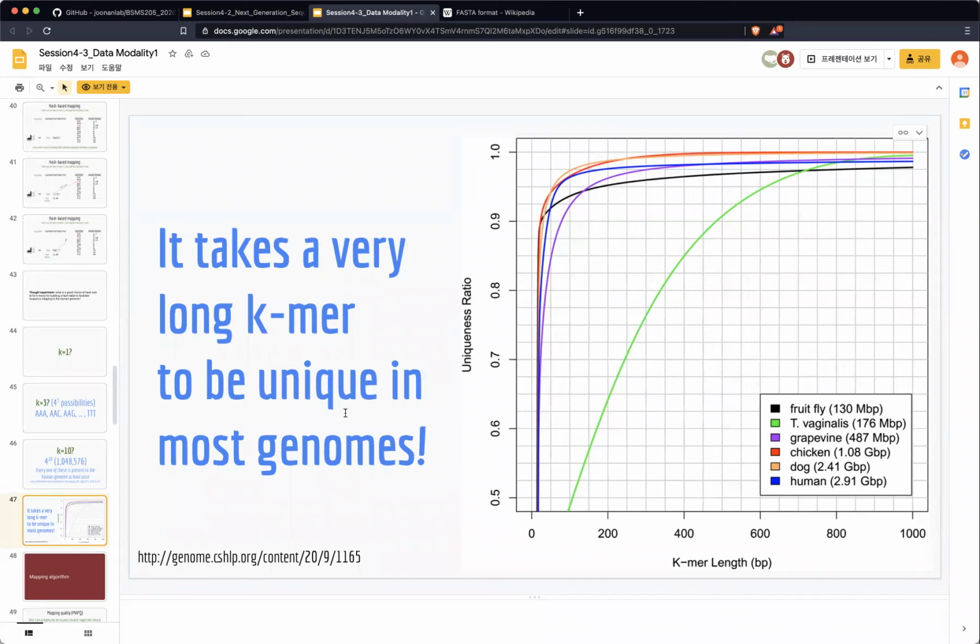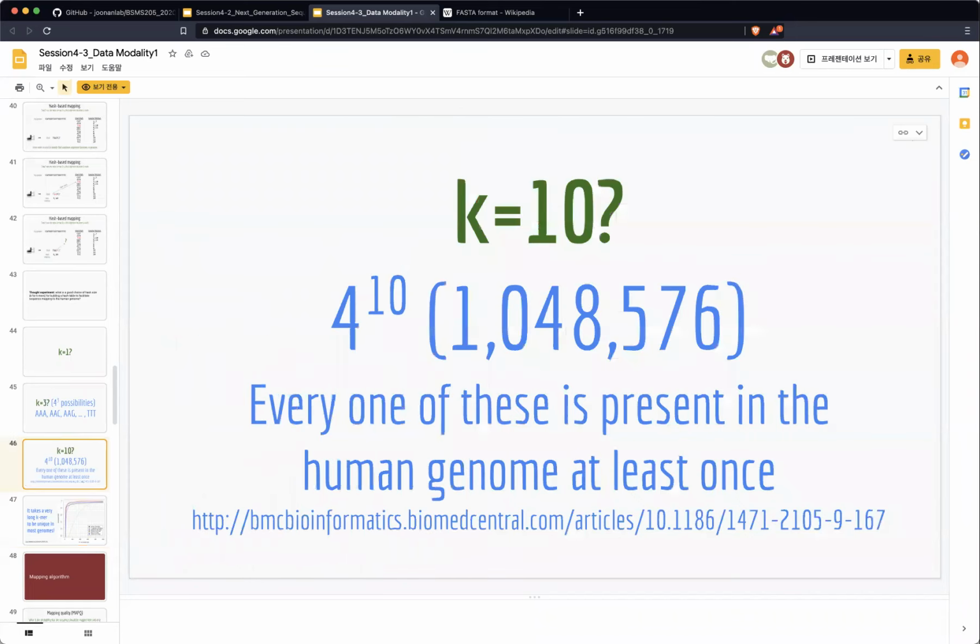But then the problem is, if you use longer k-mers, you have a much larger number of possibilities. So you use much longer dictionaries, so your computers take some time to look up those indexes during the process, right? So it's not really good for the speed, right?